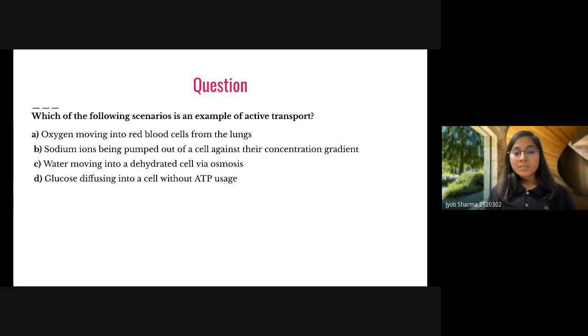Then osmosis is an example of passive transport. This is not active transport. And if we are not using ATP, then this will come under passive transport but not active. Active means whenever we are utilizing some energy to do some kind of process, that will come under active transport. So that's why B is the only right answer.